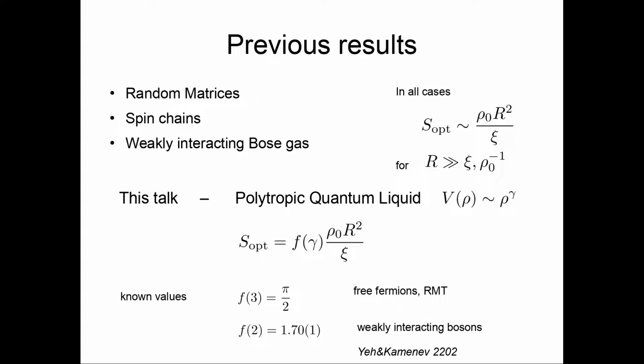So our talk is essentially trying to extend this calculation to the case where the equation of state is a power of the density. Now, in quantum systems, I'm not aware of any true description in this form, apart maybe from the Lieb-Liniger, which in some extreme cases, for small densities where it becomes free fermions, or large density where it becomes almost free bosons, follows this law, but not for all density from 0 to infinity.